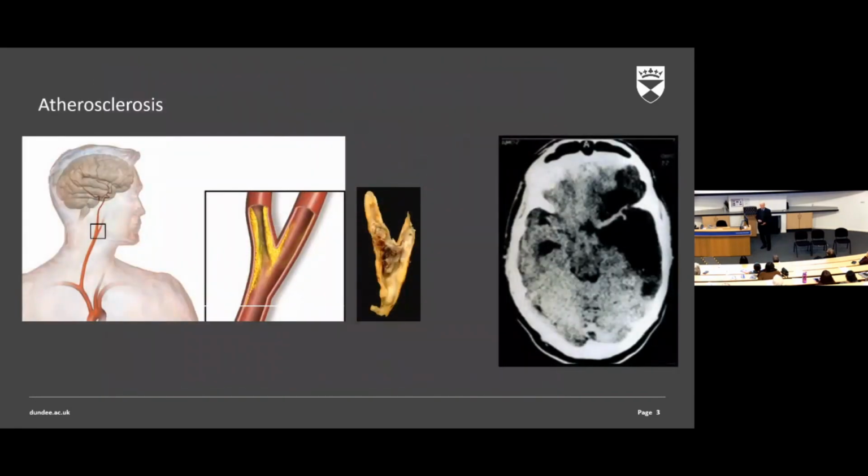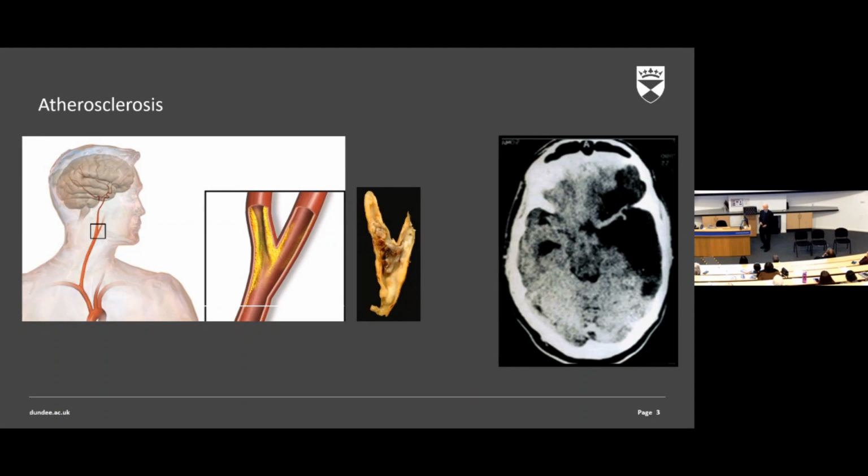All right, so let's talk a little bit about one of the diseases of arteries. This is atherosclerosis. Everybody here has got some version of atherosclerosis, hopefully relatively minor. It's a worldwide condition, and it's associated with furring up of the arteries, which you can see just here. And this is a microscopic examination of a carotid plaque.